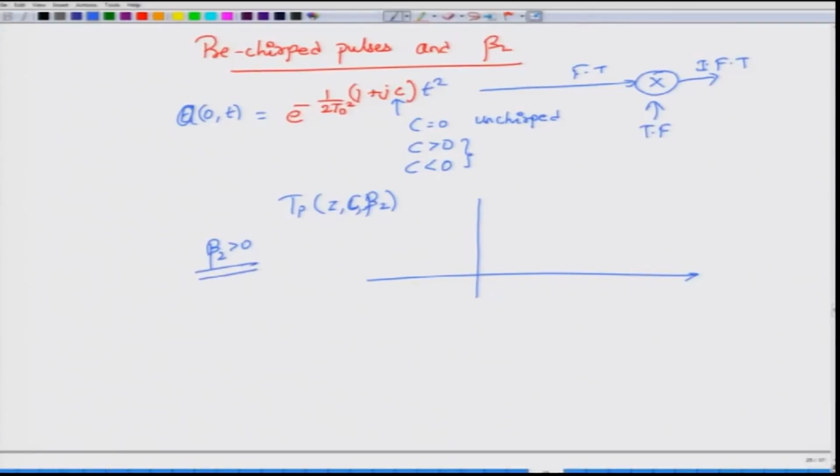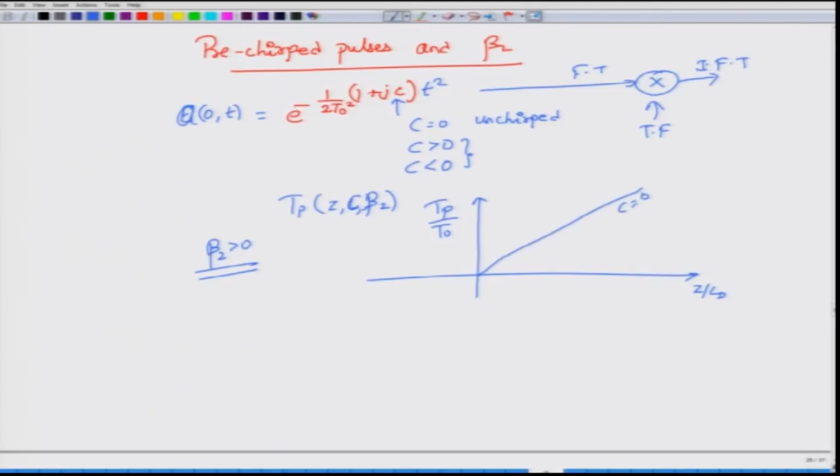I am going to assume that we are working in the normal dispersion regime, and then plot Tp by T0, which normalizes the pulse width with respect to the original pulse width, as a function of z or z by Ld. So, many dispersion lengths have to be allowed, so that these effects can become more pronounced. In the case when c is equal to 0, the pulse width increases linearly.